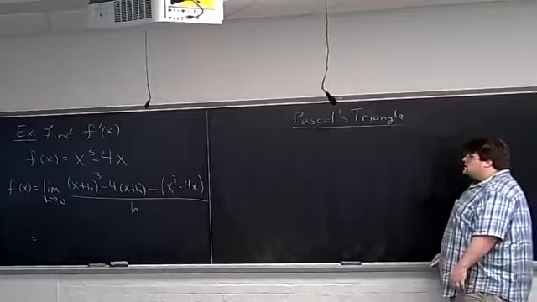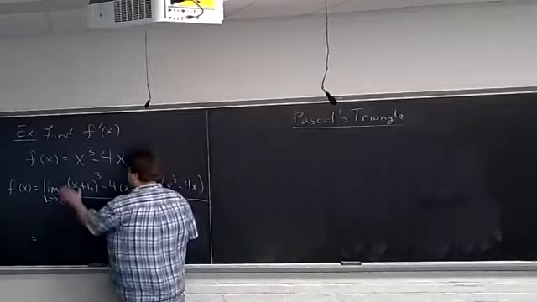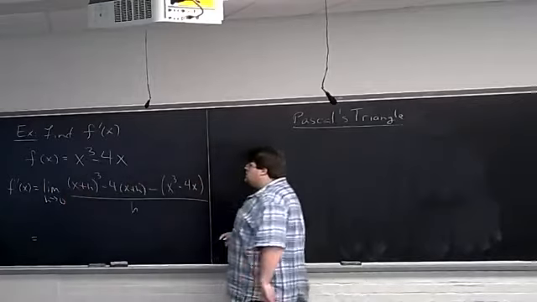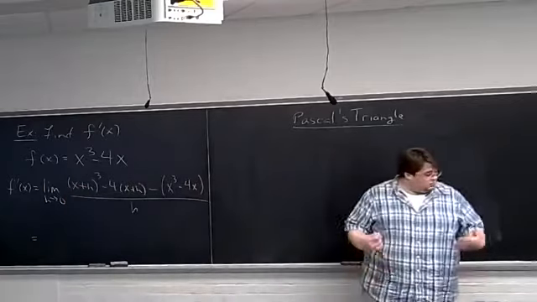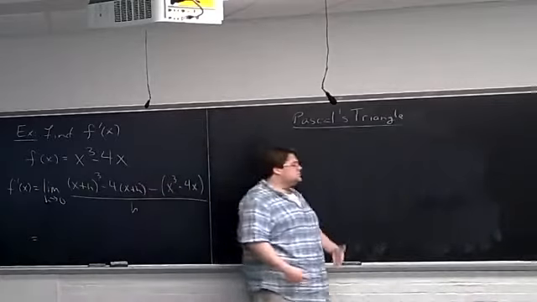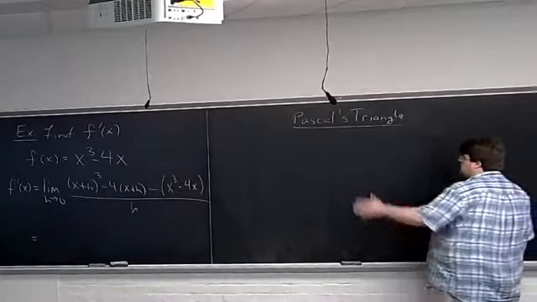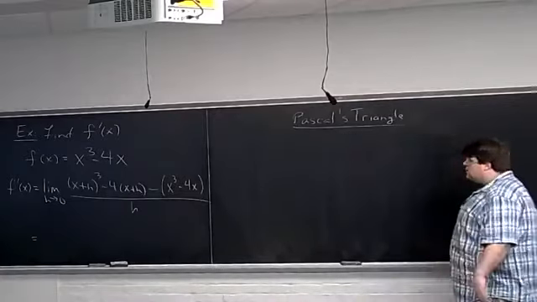So let's discuss how we can use Pascal's triangle to simplify that cube. On your worksheet, you have this to the 5th, and you could multiply it out. It would probably take significantly less time to use what we're about to do.